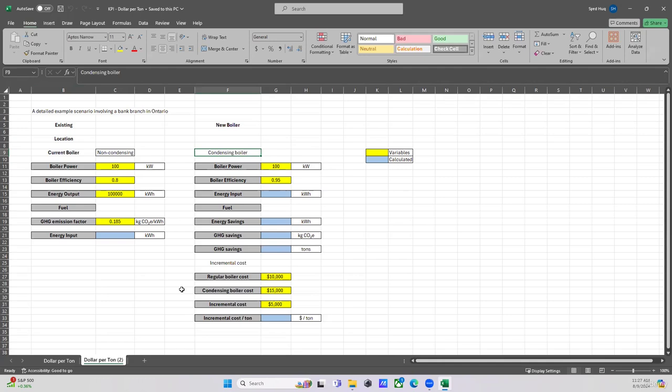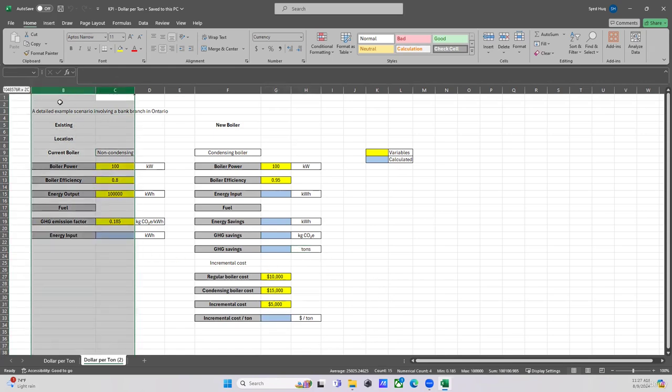Once we calculate the amount of energy savings, we'll convert it to the savings of greenhouse gas emissions, because if we consume less energy, then we are going to help the planet Earth by reducing the carbon dioxide emissions. So I will calculate an equivalent amount of greenhouse gas savings for the corresponding energy savings, and then divide by 1,000 to convert the kg into tons. Finally, we'll calculate the incremental cost per ton. So let's start one by one.